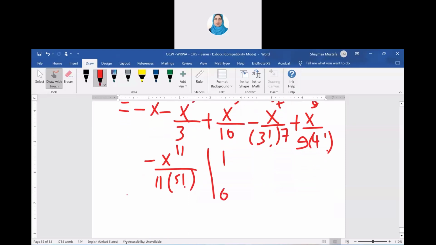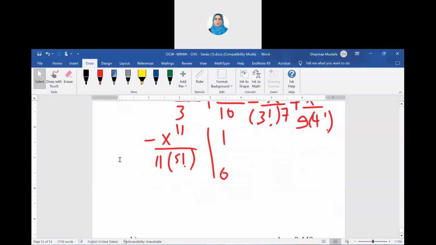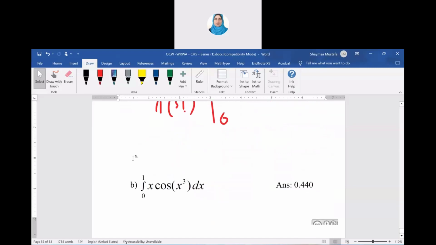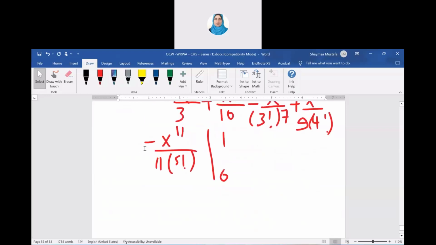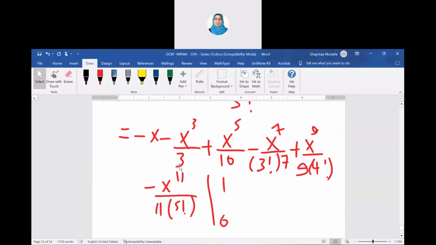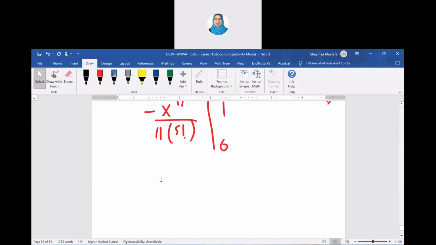So you need to substitute x equals 0 first, and then evaluate when x equals 1 minus x equals 0. At x equals 0, all terms are 0, so we just substitute x equal to 1.